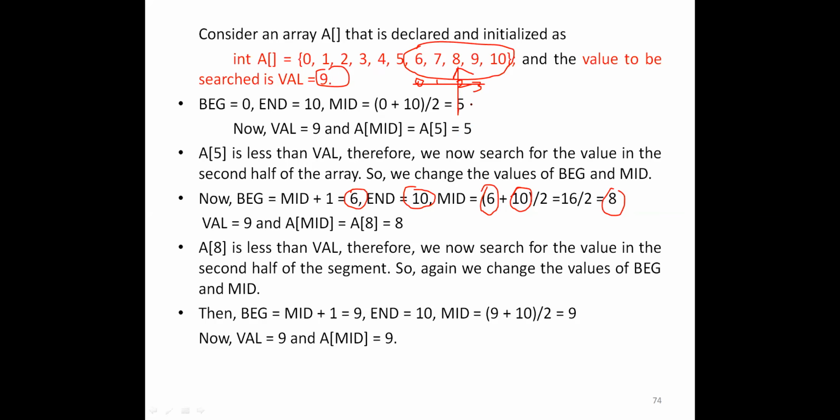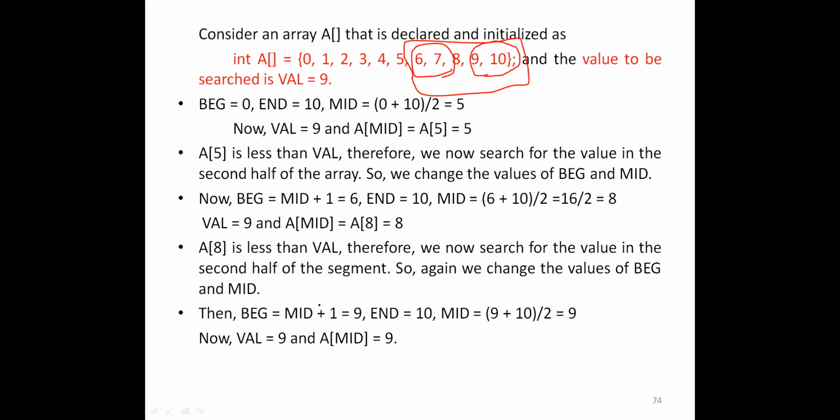So I will ignore these elements, 6, 7, and 8, the middle point. I'll ignore half of the elements from the right subarray. Now I move to this side. Again, I will calculate the beginning, end, and middle value.